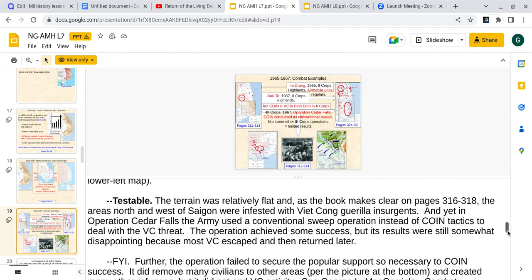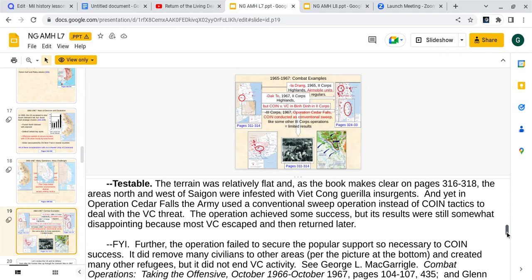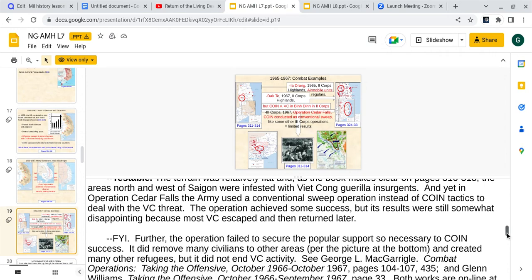And this, of course, was because the Viet Cong in the area, understanding that the Viet Cong were infesting Cedar Falls, which led to Operation Cedar Falls, and the Viet Cong were also infesting Bin Din. And even though the regular army did this conventional sweep tactic in Operation Cedar Falls, it was pretty successful.